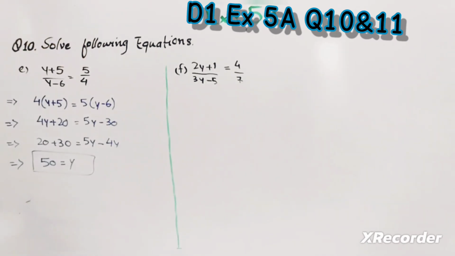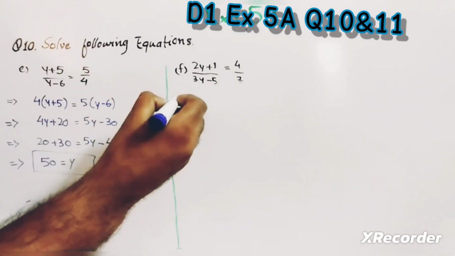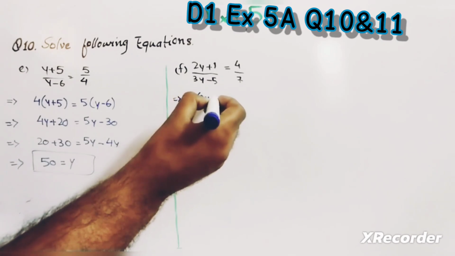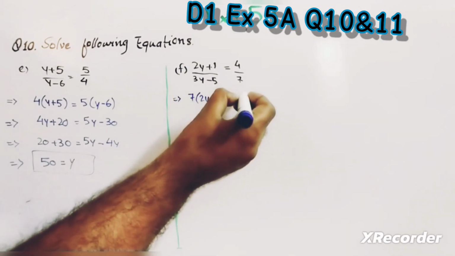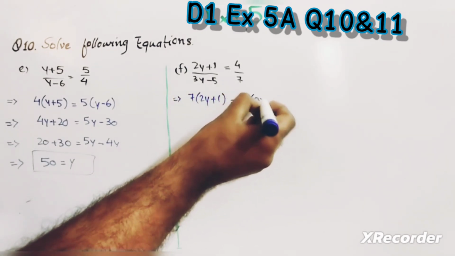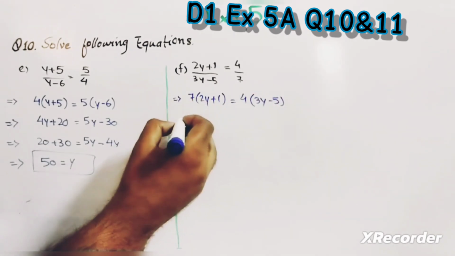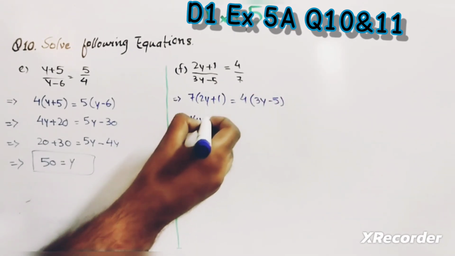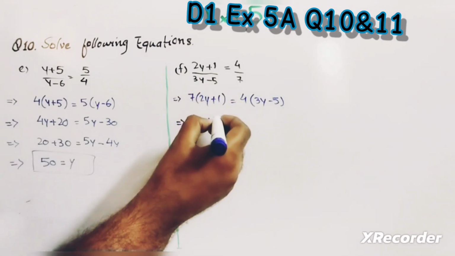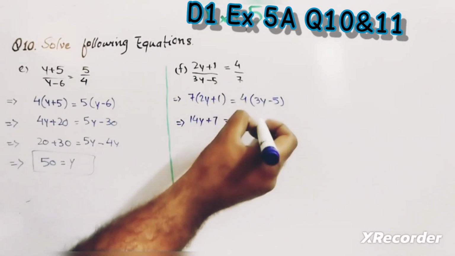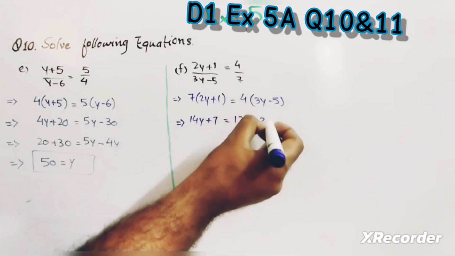Now moving on to part F, 2y plus 1 upon 3y minus 5 is equal to 4 upon 7. Let's start by cross multiplying. 7 times of 2y plus 1 is equal to 4 times of 3y minus 5. 7 times 2 is 14y plus plus plus 7 times 1 is 7 is equal to 4 times 3 is 12y plus minus minus 4 times 5 is 20.